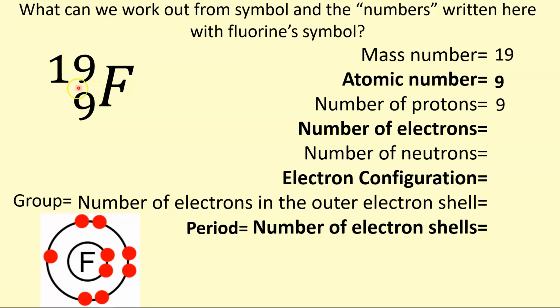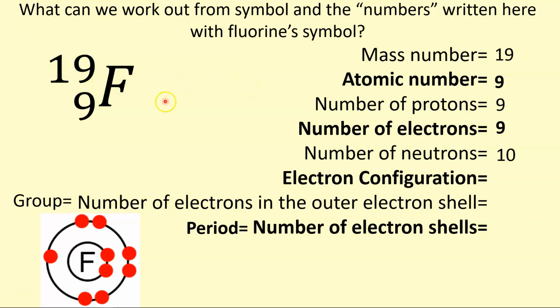Atoms are neutral, so this means they have the same amount of positive protons as they have of negative electrons, so this atom will have 9 electrons. The number of neutrons is the difference between the bigger number, which is neutrons plus protons, compared to the atomic number, which is the number of protons. So the difference between these two numbers is 10, so it has 10 neutrons.